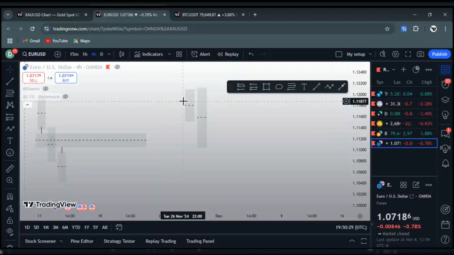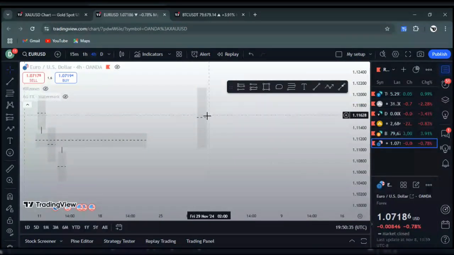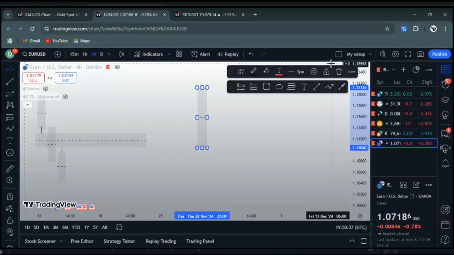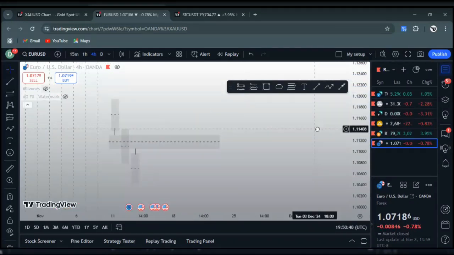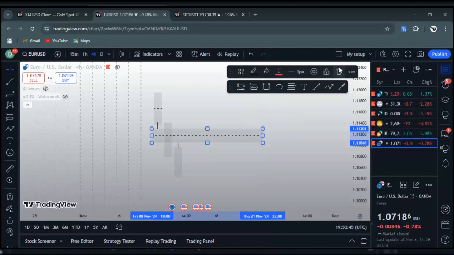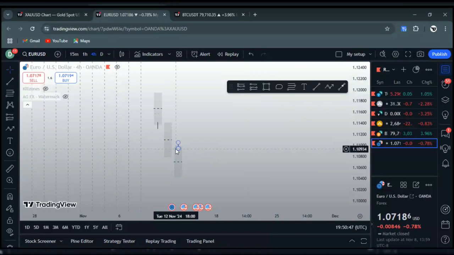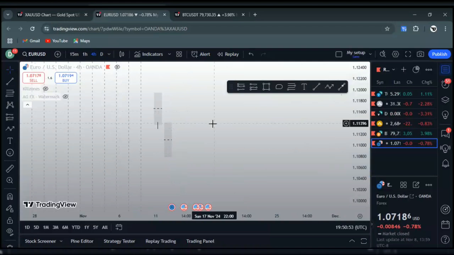So today we've spoken about break of structure and false break of structure. What is break of structure? Break of structure is the altering of previous structure.